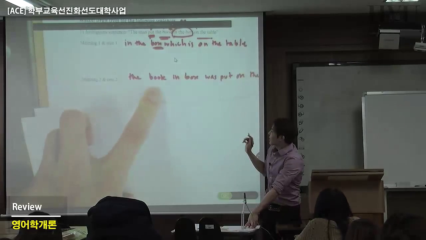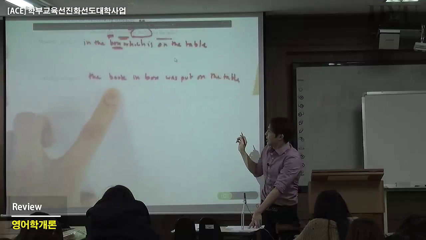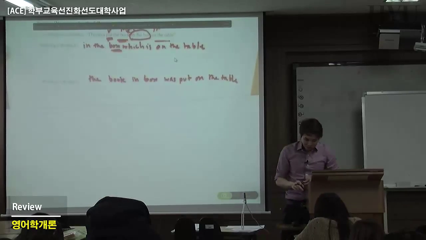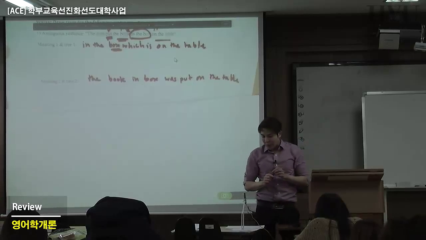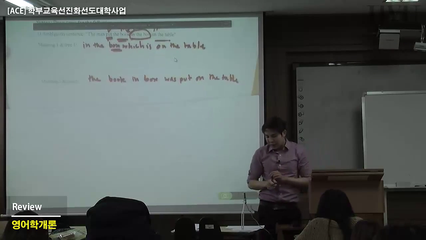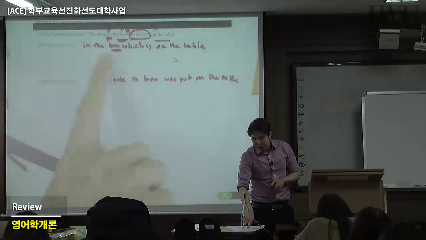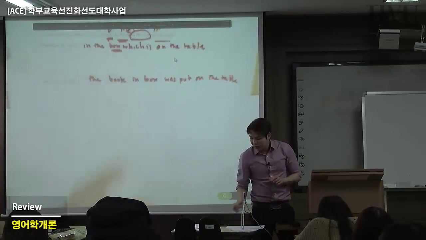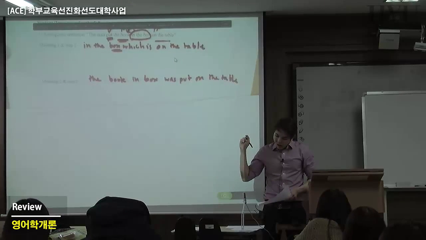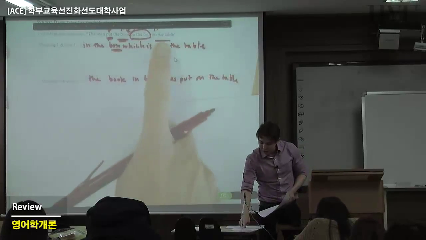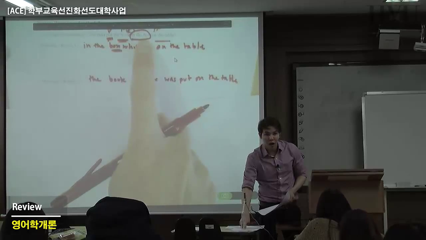In this case, the box itself is not on the table. Okay, clear. So the tree for number 1, in the box, which is on the table. In this case, we have to hang on the table as part of box, as a modifier of box.